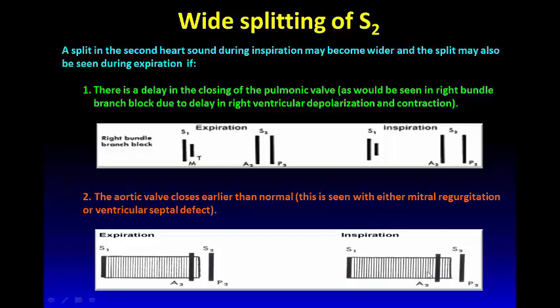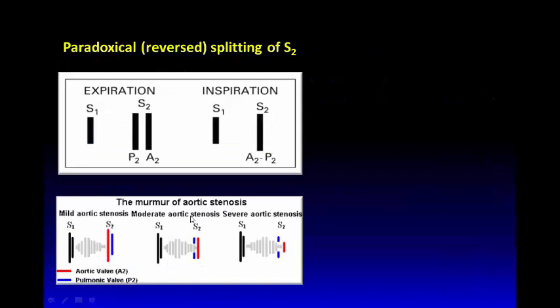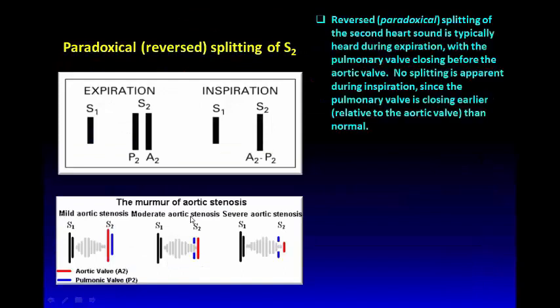So during inspiration, this is the aortic component of S2. So the aortic valve closes earlier than normal, resulting in wide splitting of S2 during inspiration, and the splitting of S2 is also heard during expiration. We might even have paradoxical splitting or reverse splitting of S2.